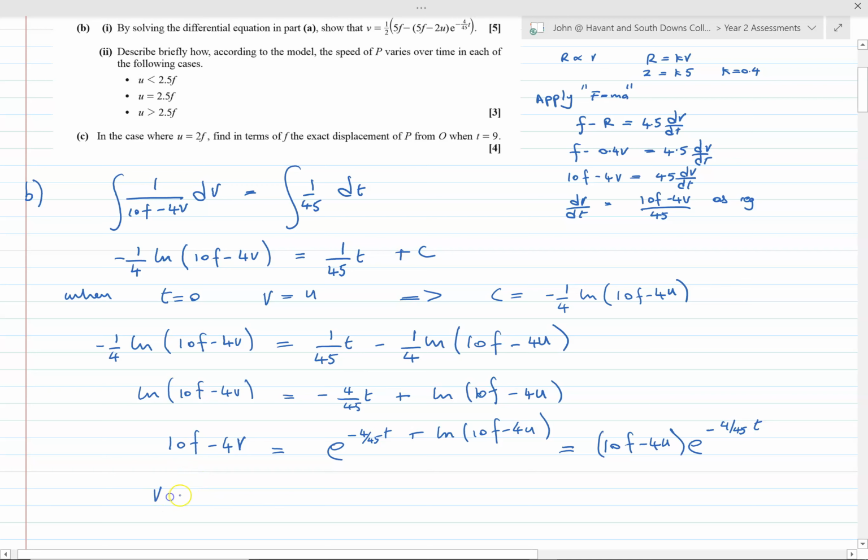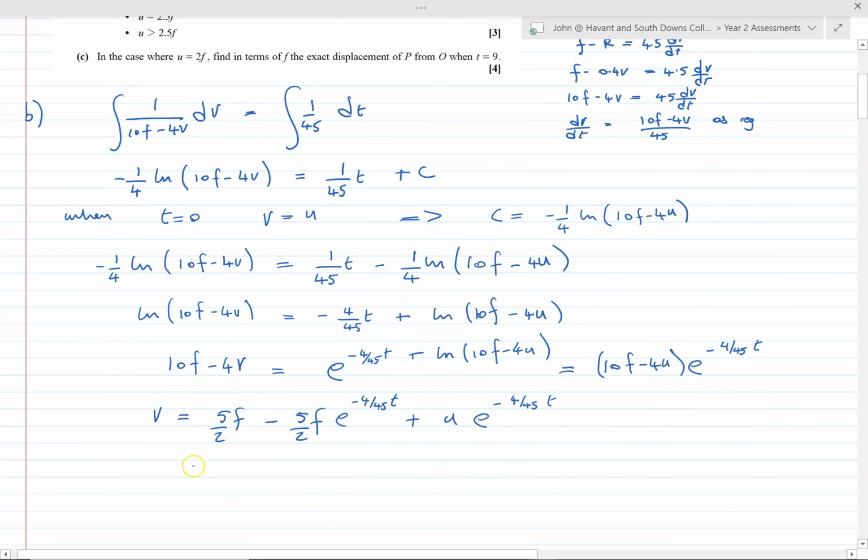So we'll have v equals 10 over 4, that's 5 over 2 f. Then this bit here would come to the other side of the equation, so that would be minus 5 over 2 f e to the minus 4 over 45 t, and then this bit here would be divided through by 4, would be equal to u plus u e to the minus 4 over 45 t.